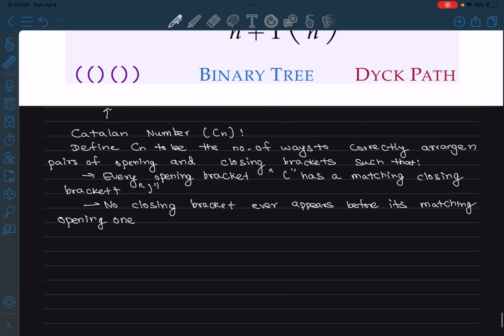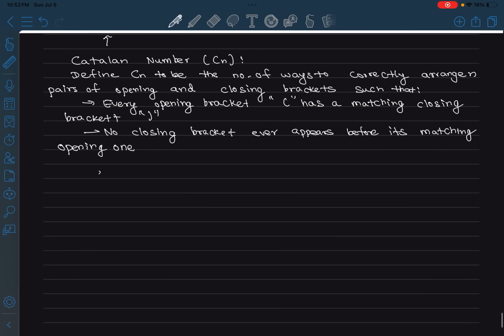So let's say if you want to find C1, then you just have one pair of brackets, and the only way to write it is like this, right? So C1 is this one. Now for C2, you have two pairs of brackets. You can either write them like this, or like this.